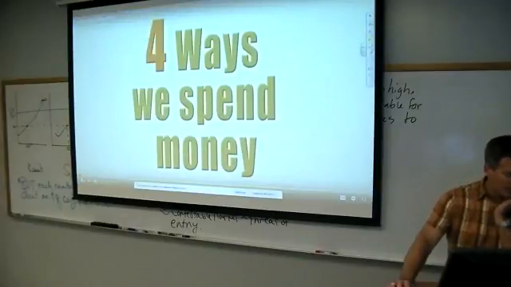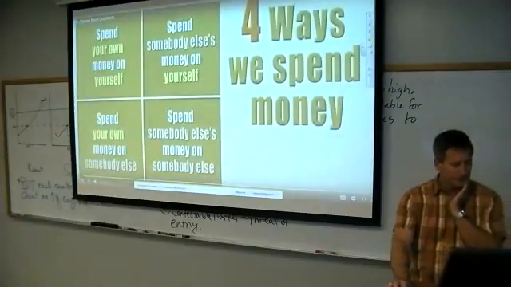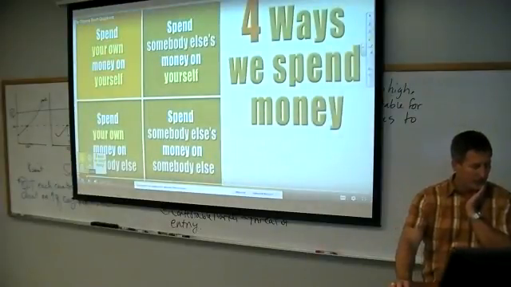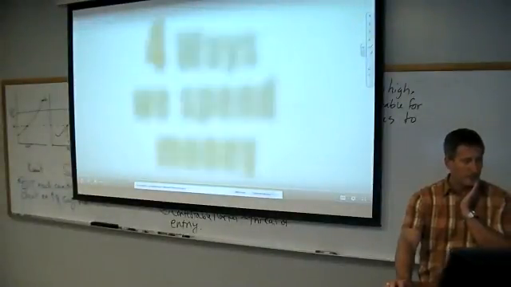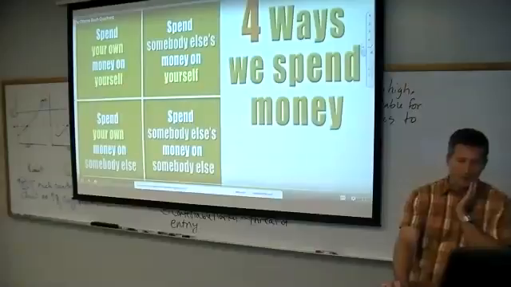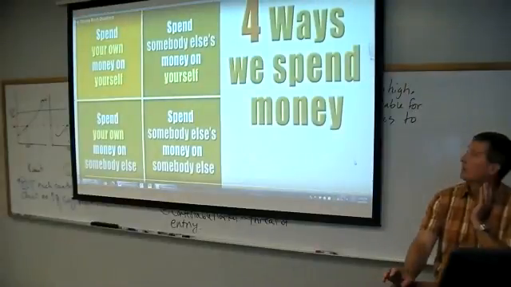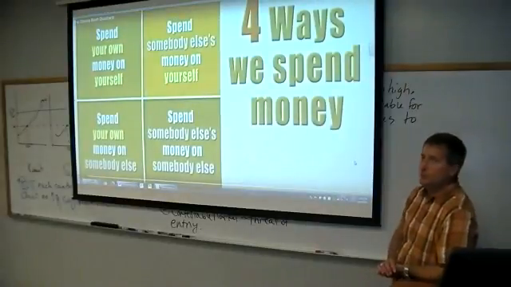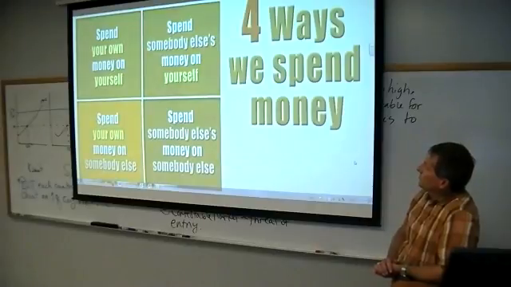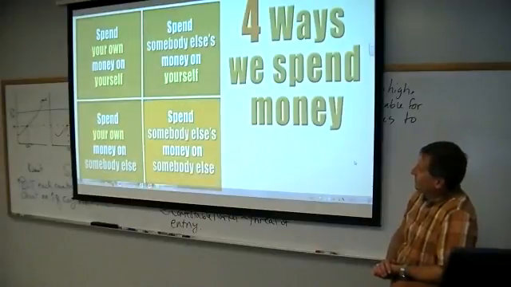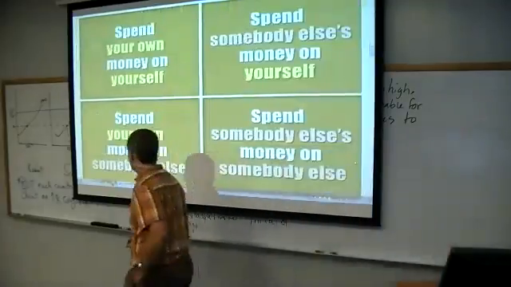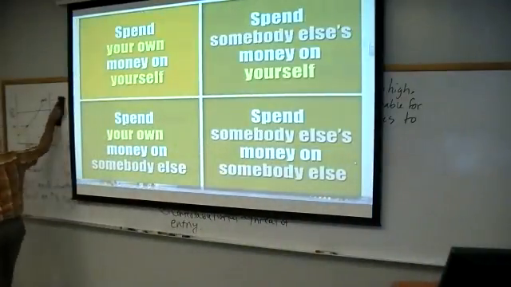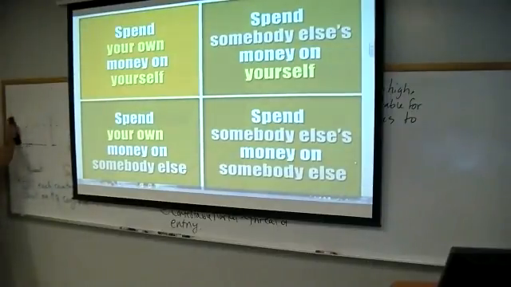4 ways to spend money. The 4 ways we spend money in the second person: you spend your own money on yourself, you spend somebody else's money on yourself, you spend your own money on somebody else, or you spend somebody else's money on somebody else. I learned most of this from Milton Friedman. When you spend your own money on yourself, you tend to be real careful about what you're spending as well as what you're getting.